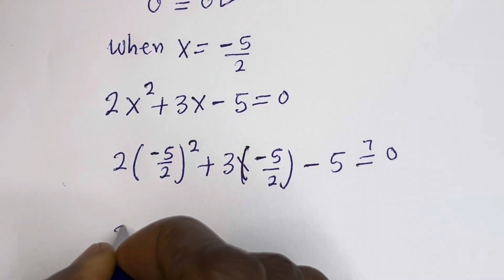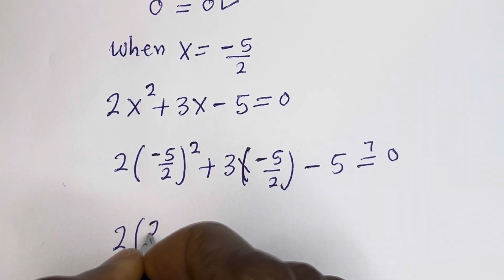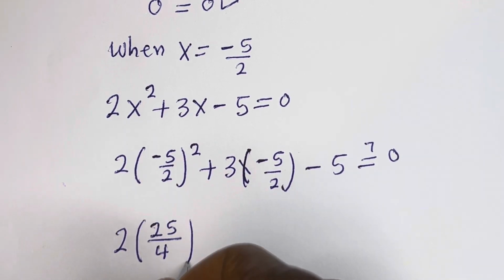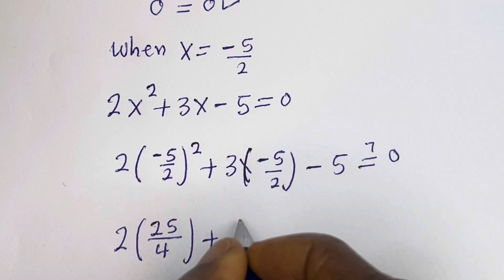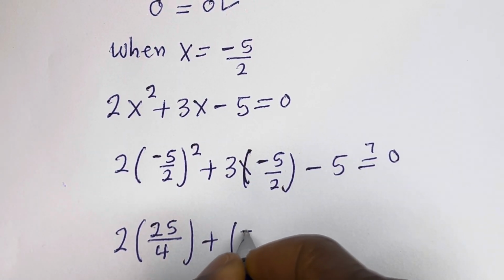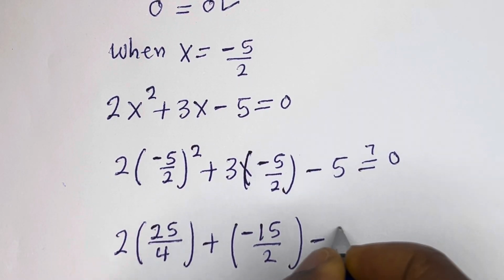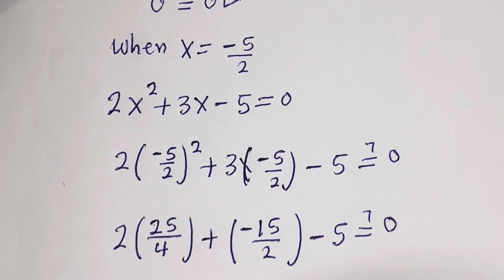Now this is 2 bracket minus 5 squared, that is 25, divided by 2 squared, 4, plus 3 multiplied by minus 5, that is minus 15, divided by 2, minus 5 must be equal to 0.